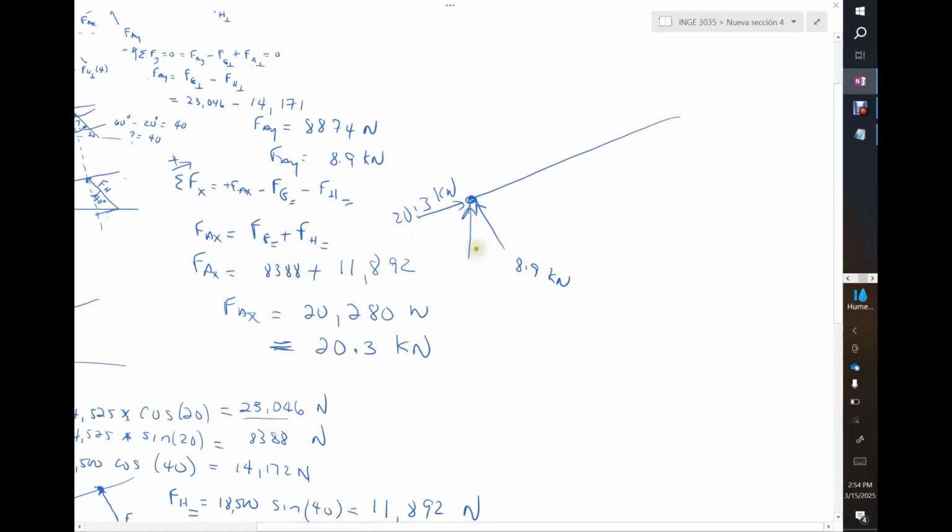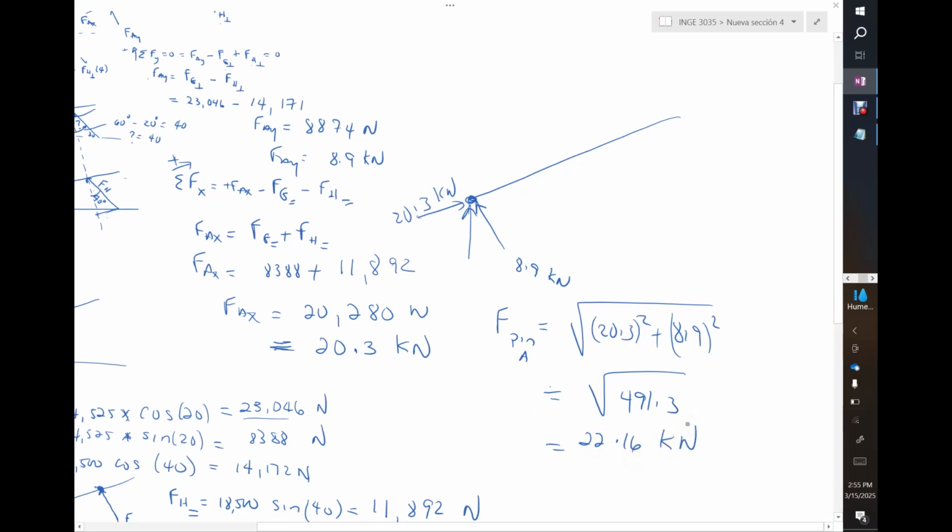So the magnitude of the total force on the pin A will be the square root of 20.3 squared plus 8.9 squared, and that force is, let's see, the square root of 491.3, equal 22.16, about 22.2.